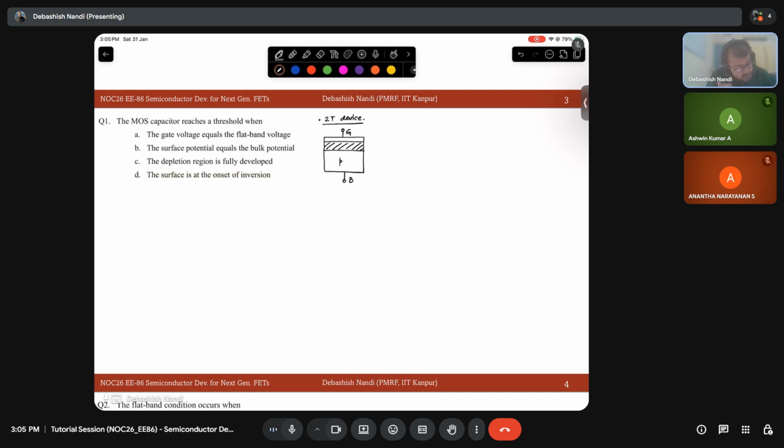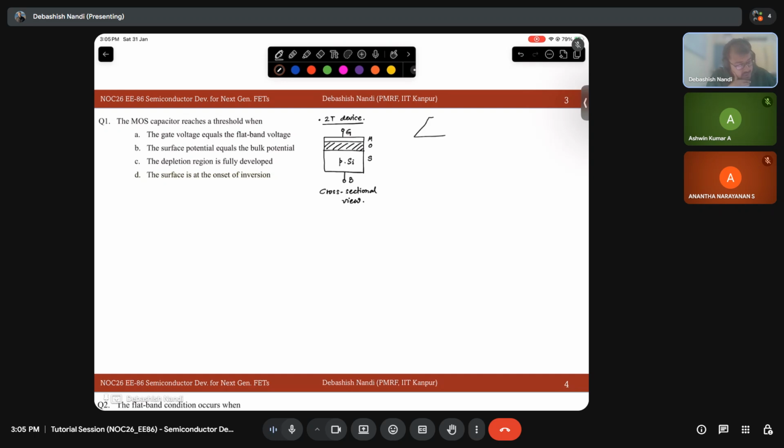We discussed p-type silicon substrate, oxide, metal, semiconductor. We call this a cross-sectional view. The actual device is in 3D, so there will be another direction.